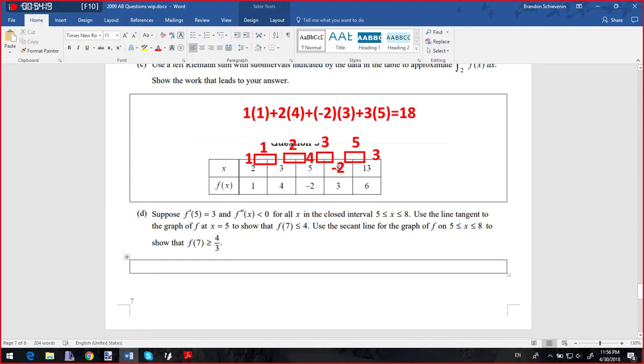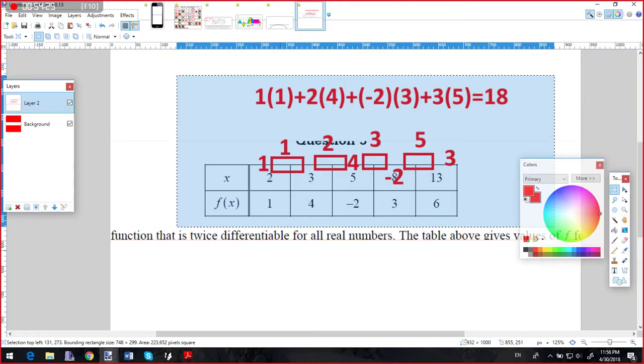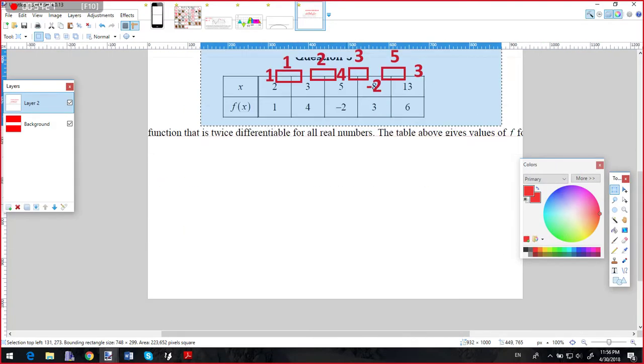So if I know that we are concave down, then my graph should look something like this.